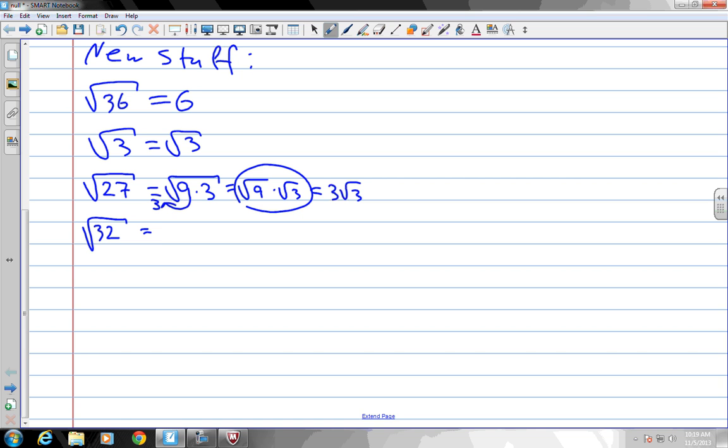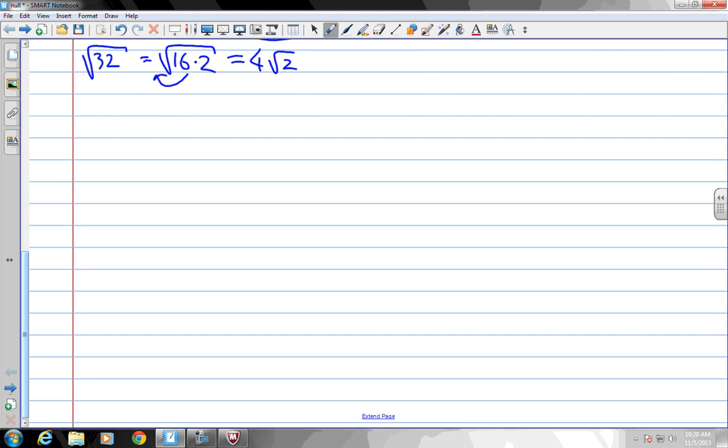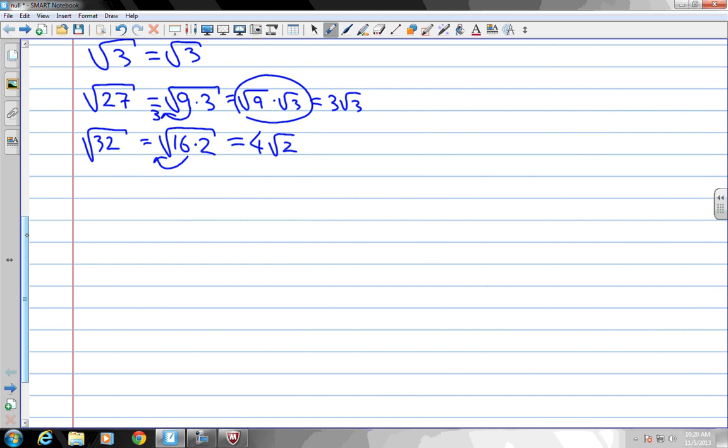So I can think of 32 as 16 times 2, and the square root of 16 is 4, and 2 stays under the radical, so it becomes 4 square roots of 2. Is that okay? Any questions on this?